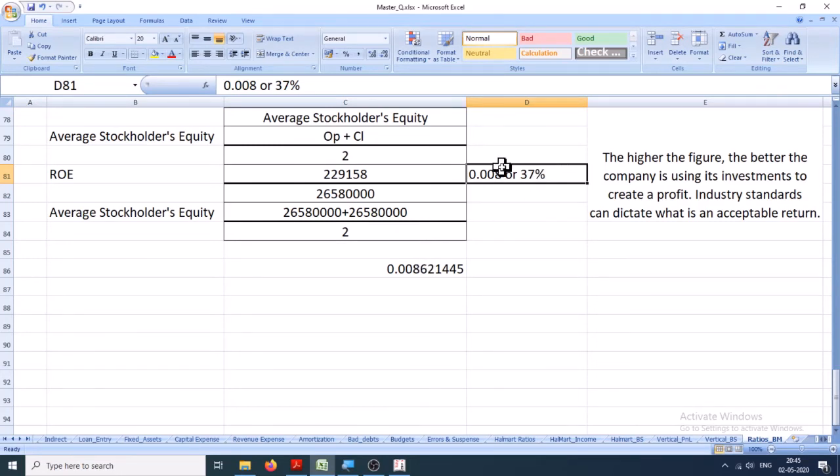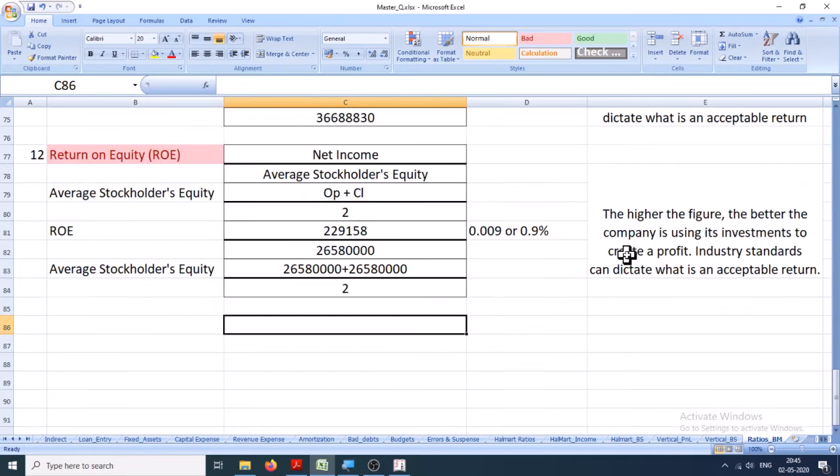If you want some comfort, I'll round it off to 0.009, which is 0.9%. So for every equity rupee invested, the company is earning 0.009 rupee.